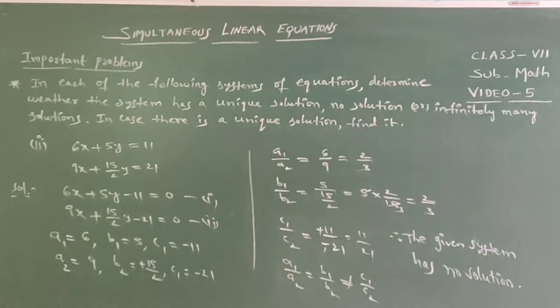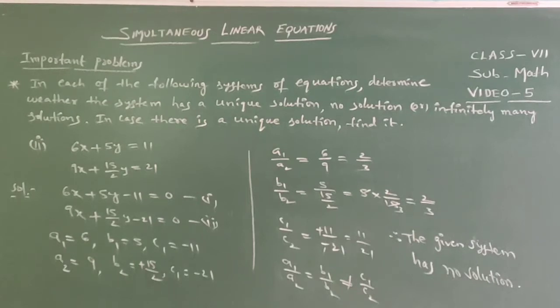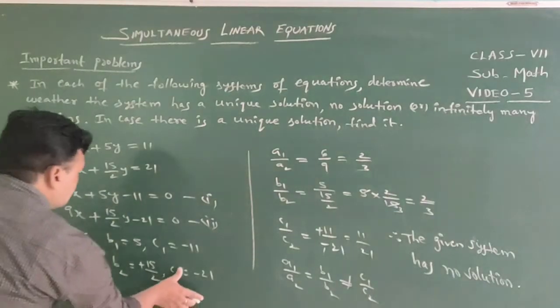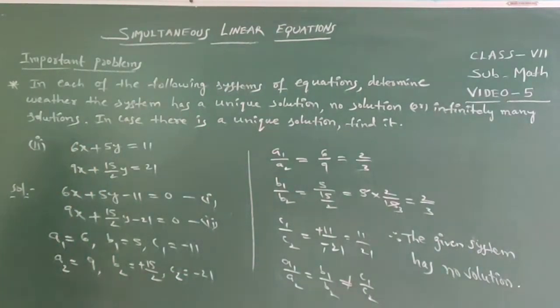Now here 6x plus 5y minus 11 equal to 0 and 9x plus 15 by 2y minus 21 equal to 0 are the first and second equations. A1 equal to 6, B1 equal to 5, C1 equal to minus 11 from the first equation. A2 equal to 9, B2 equal to 15 by 2 and C2 equal to minus 21 from the second equation.